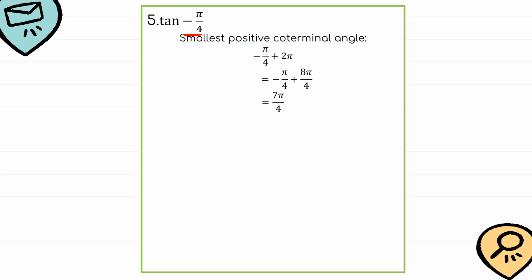So, that's tangent negative pi over 4 is simply equal to tangent 7 pi over 4. Rest assured, whatever the coordinates of 7 pi over 4 are, those will also be the coordinates of negative pi over 4. That is why we found the smallest positive coterminal angle. So, in that case, what are its coordinates? Its coordinates are square root of 2 over 2, negative square root of 2 over 2. Let's label x, y.